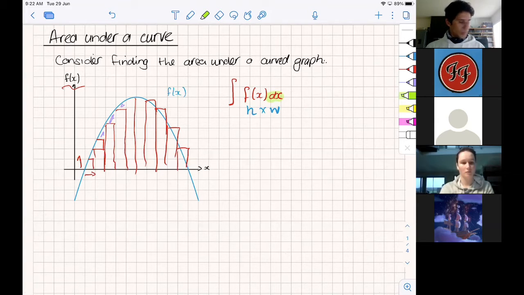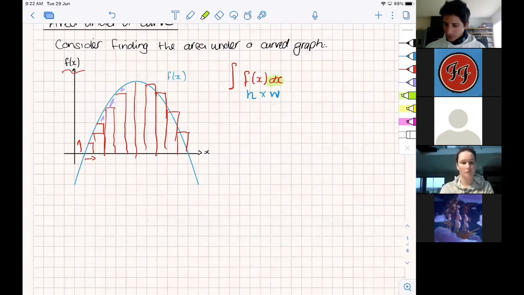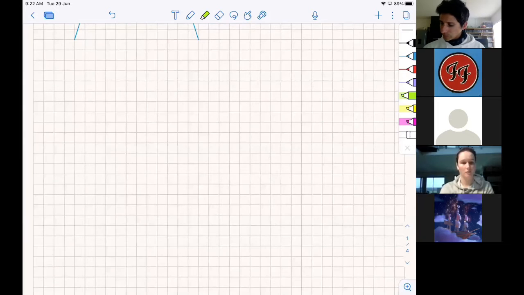So I'm going to write down, you know this formal definition already, right? We've basically been working with it all the time. That the sum of all these little areas, right? So all these, remember this is f of x is just the y value by this tiny change in x, right?